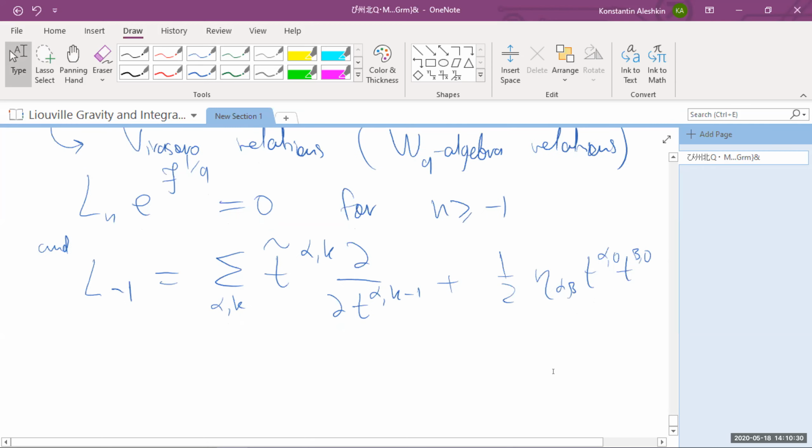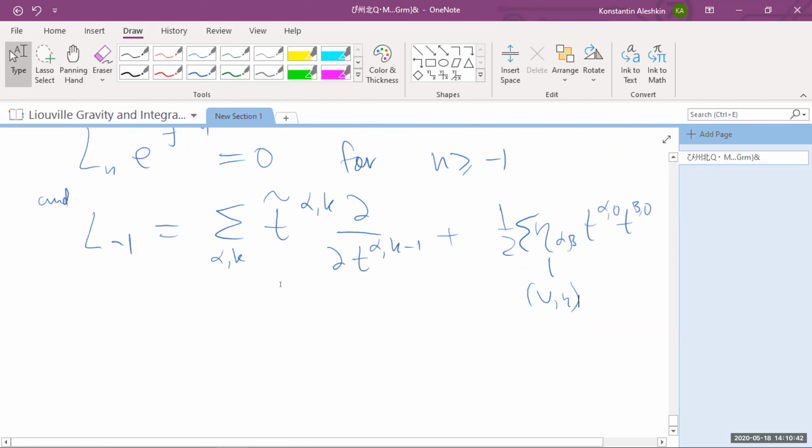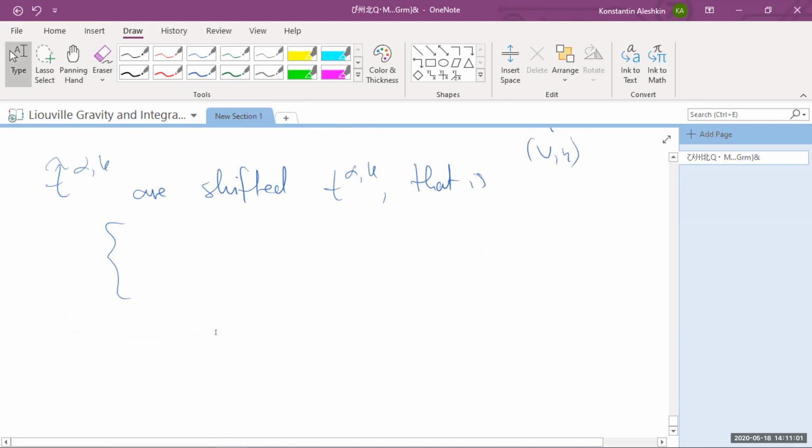So now I need to explain the notations a bit. Yeah, it's a sum. So this is a metric eta from our state space. These are just t's, and t twiddle are shifted variables t. So t twiddle alpha k are shifted t alpha k. That is actually a very silly shift because there is only one shift. It's called the dilaton shift.